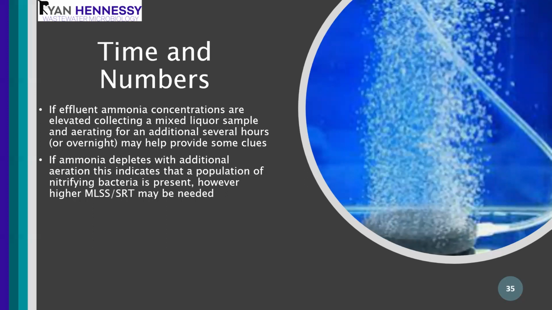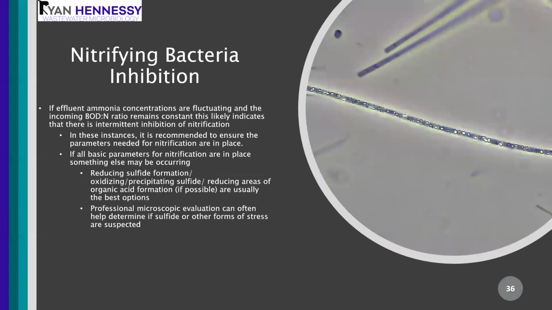If it does deplete, then this is telling you that you do have nitrifying bacteria and conditions where nitrification can happen. However, you just don't have the time or the numbers. So in that case, you're going to need to increase the MLSS or the sludge retention time in order to increase your abundance of nitrifying bacteria.